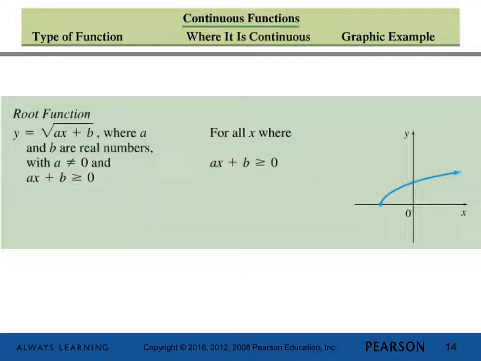The next kind of function we're going to look at is a root function or a radical function. In this radical function, what cannot happen is you cannot take an even root, like a square root or a fourth root or a sixth root. Square root's the most common. You cannot take the square root of a negative number.